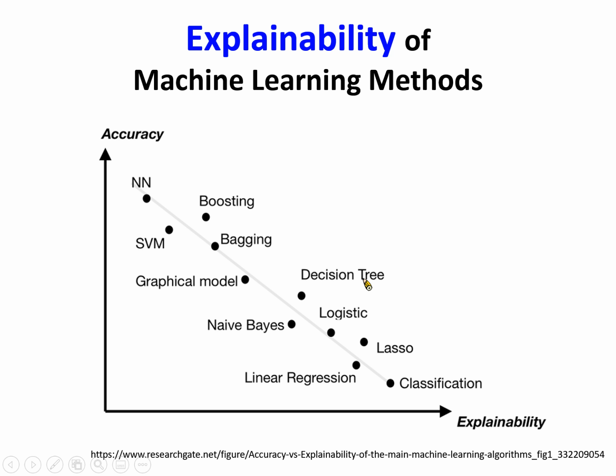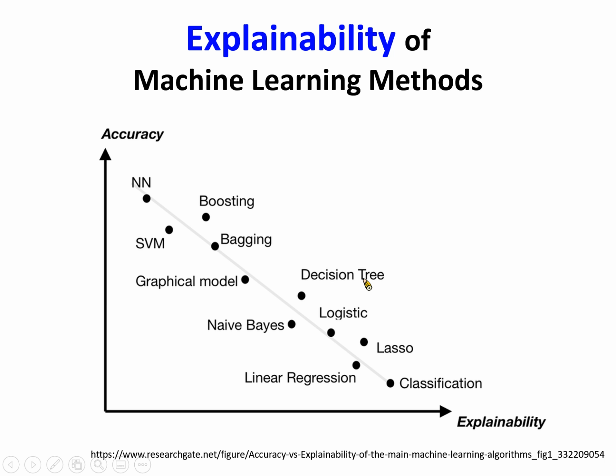Okay, so in the final slides, I want to give you an overview of machine learning methods regarding explainability. You may be wondering why we need to learn regression as the first step of machine learning.